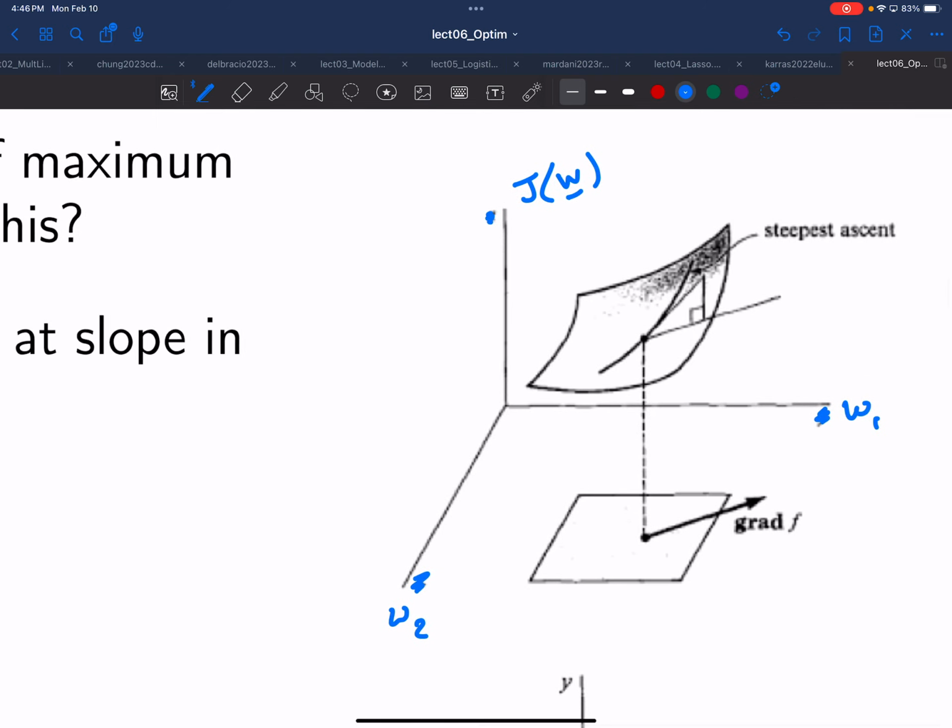And so if my w vector is right here, this is the origin, and I want to know the gradient of the function at that point, if I go up, that's the height of the function at that point. That would be J of w naught, so maybe this is w naught, the reference point.